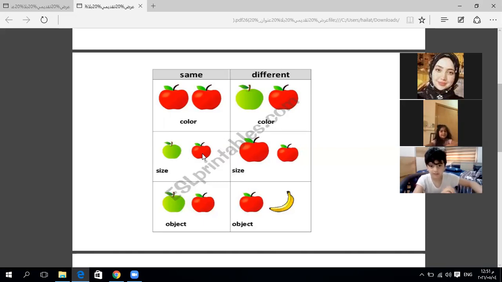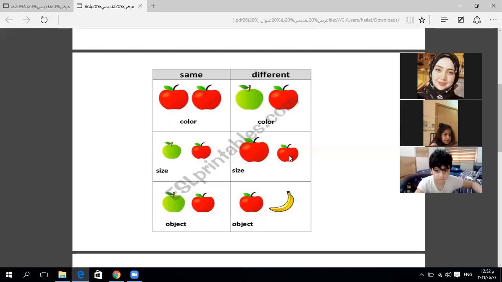Look at the sizes of the apples, the green and the red apples. They have the same size? Small. Yeah, bravo. We have two small apples. And the next one here, Amir, we have two apples, but the one here is? Big. And the other is? Small. Bravo.